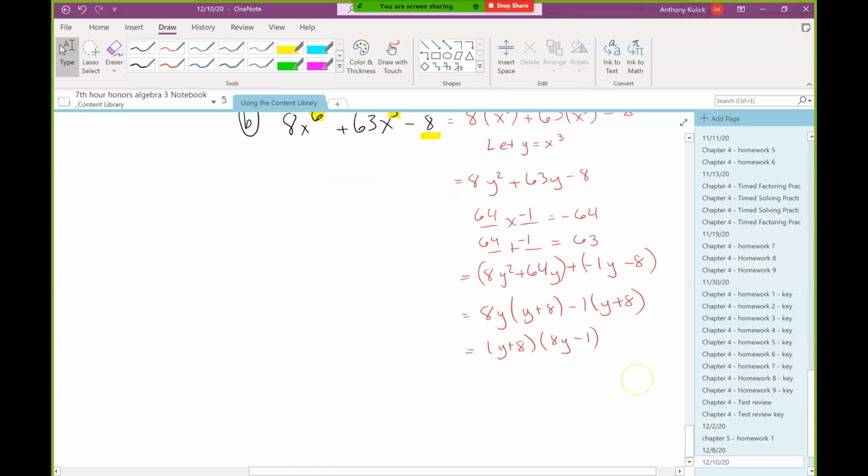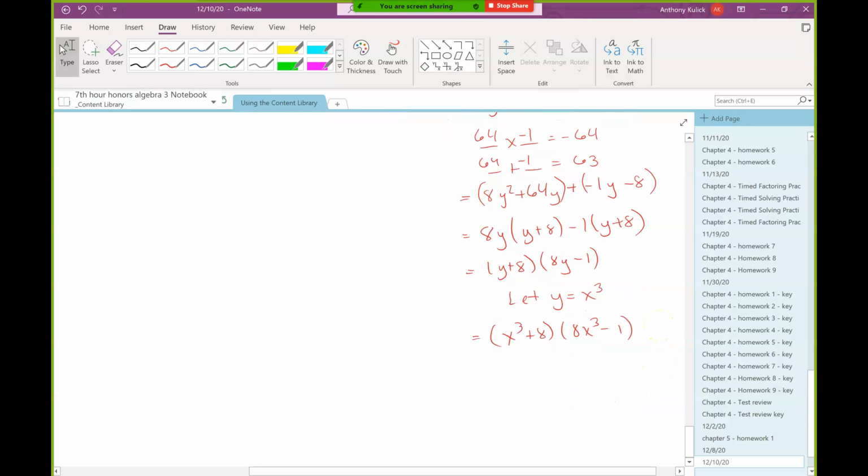So if I factor that out, I have y plus 8 times 8y minus 1. And remember, we've got to put our x's back in. So we have x cubed plus 8 times 8x cubed minus 1.